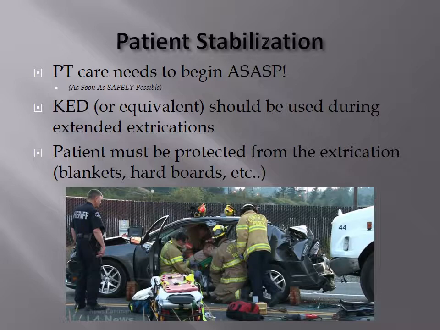His primary injuries have already happened due to the wreck, but we want to make sure that the rescue and everything that's going on isn't going to make that patient's condition any worse. So get into that vehicle, start taking care of that patient as soon as you safely can, and keep them safe during all the rescue situations.